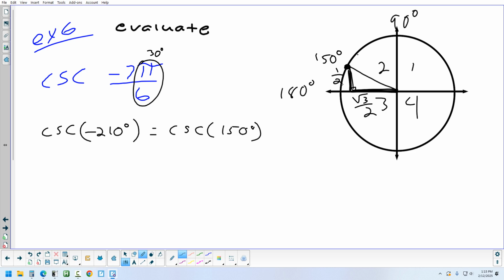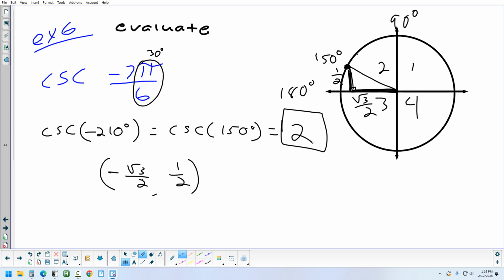So what's the coordinate? Negative square root of 3 over 2 and positive 1/2. Okay, how do you find cosecant? It's the reciprocal of your y. So in this case, it would be 2.